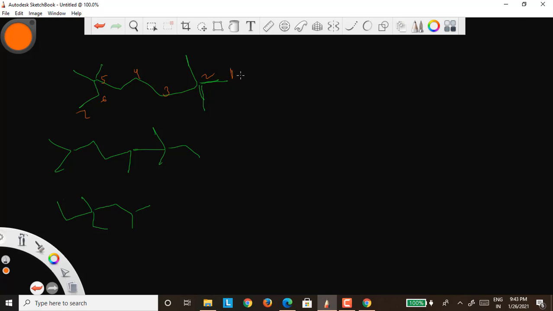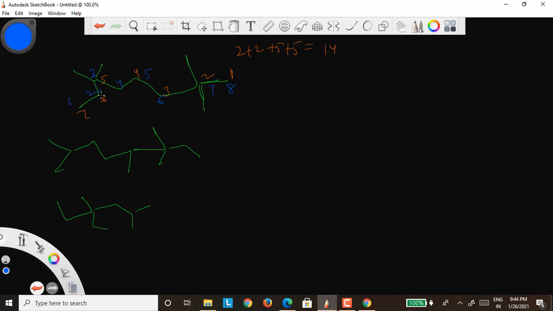We can use the lowest locant rule. How much is the substituent sum coming? 2 plus 2, and 5 plus 5 plus 5. How much coming? 14. Now suppose you give numbering from left to right: 1, 2, 3, 4, 5, 6, 7, 8.